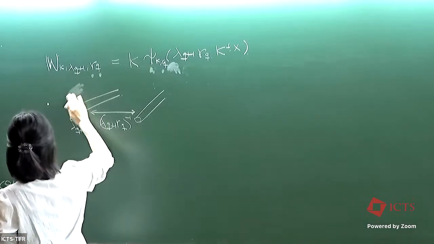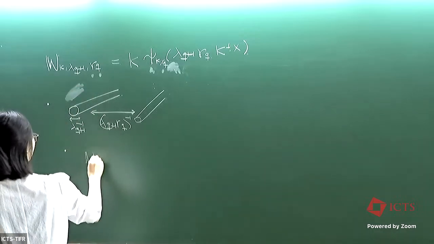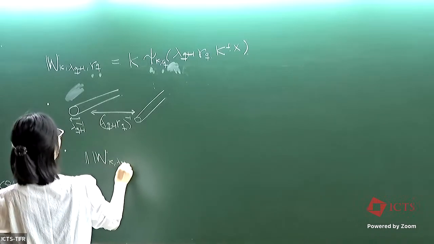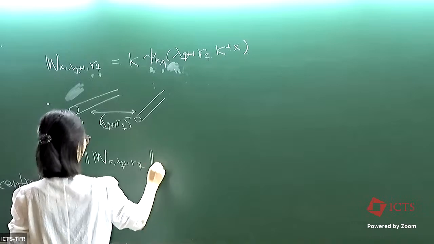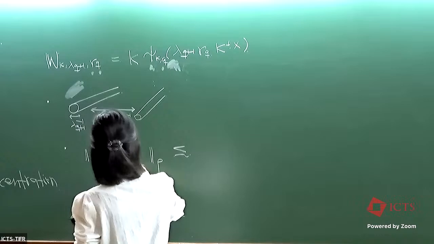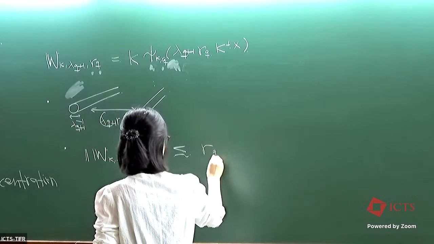But maybe I will give an answer to that question. If you measure this building block flow in LP norm, then the LP norm is purely determined by this intermittency parameter, which is RQ.